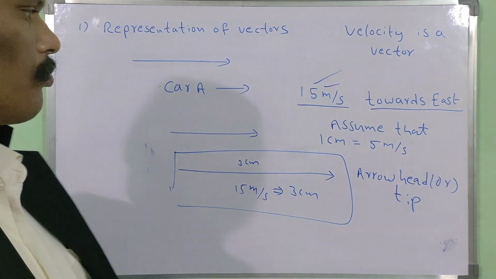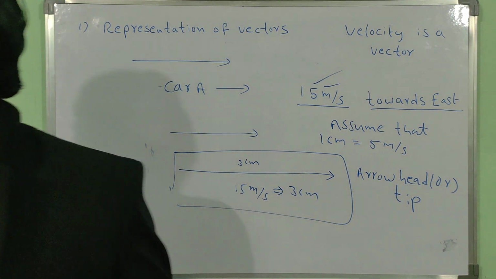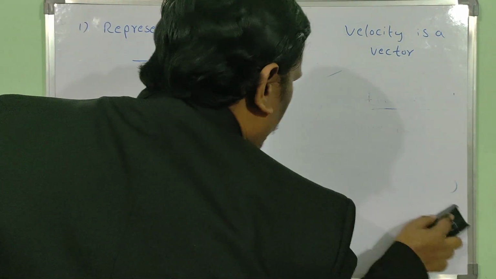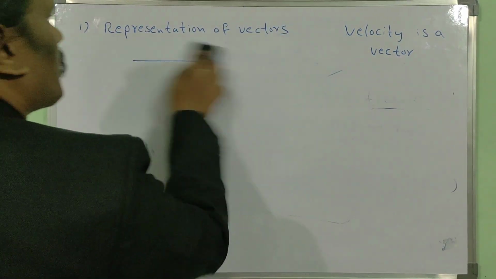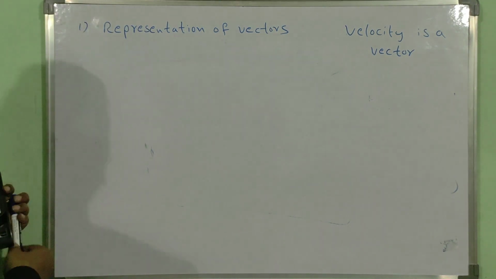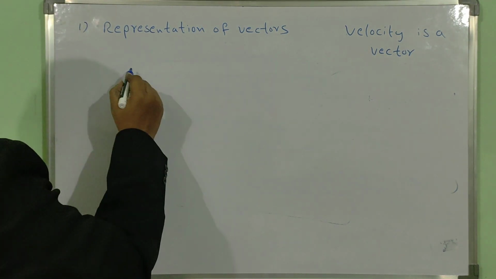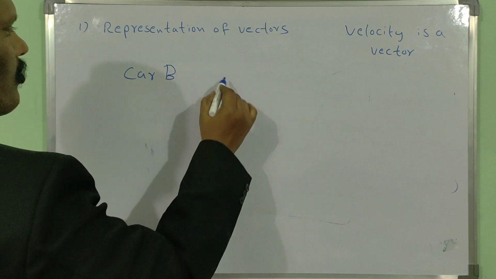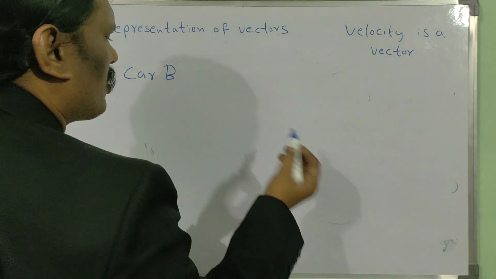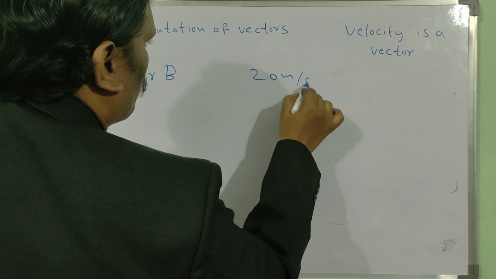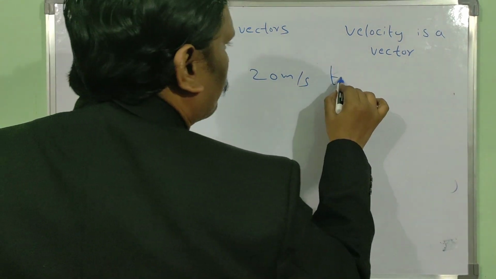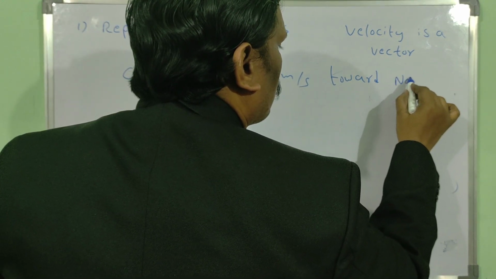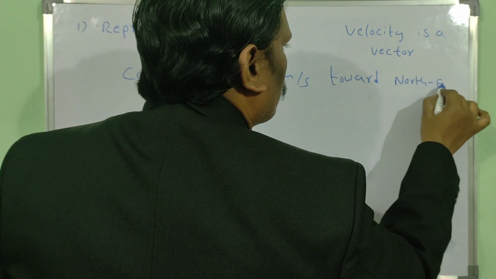And I'm going to give one more example for better understanding. I'm going to consider car B is moving with 15 meters per second or 20 meters per second, anything you consider, towards northeast.